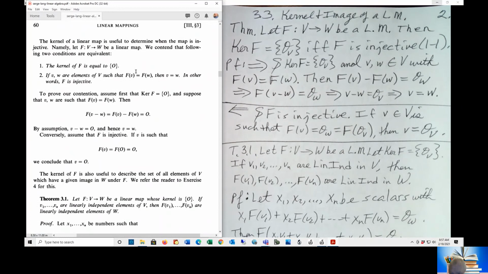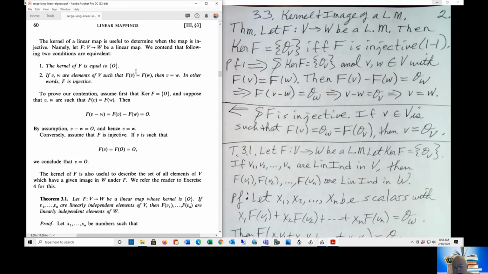But since f is linear, we can rewrite it as f of v minus w equal the zero vector. And so that means, since the kernel is trivial, that v minus w is the zero vector of v. Hence, v equals w. In other words, now we've shown that f is one-to-one.